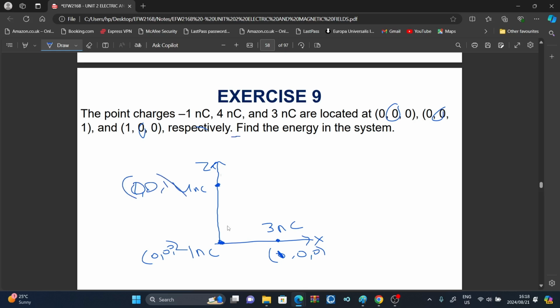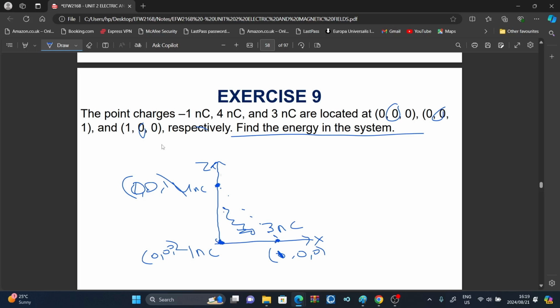So the question says find the energy of the system. So we have three points here. I'll just draw a dotted line here. So this is our system between these 3 points. So they want the total energy of the system, right? Now to calculate the total energy of the system, we have to add all the work done or all the energies acting on all the points.